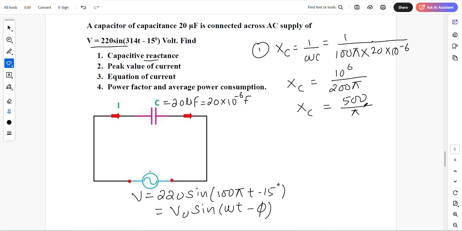Because this is 1 divided by 200 pi, 0 gets cancelled.